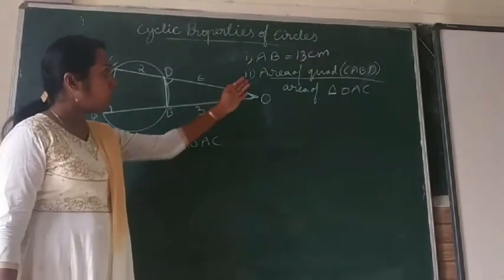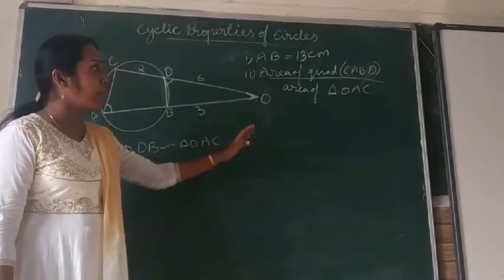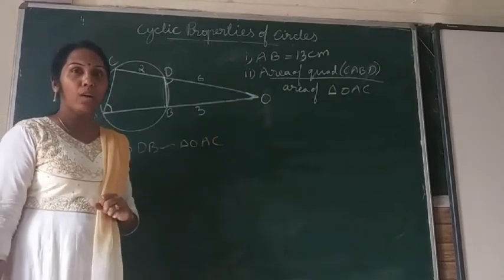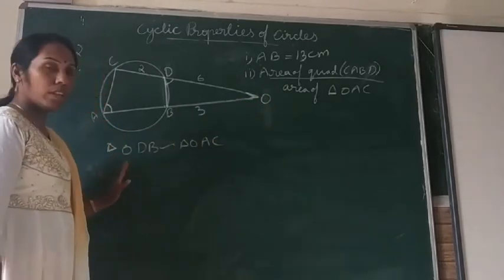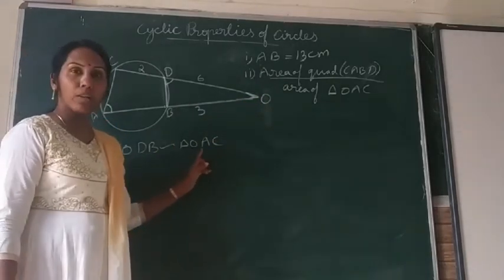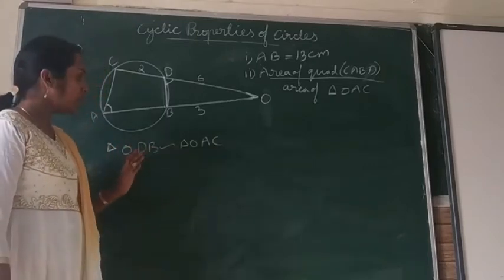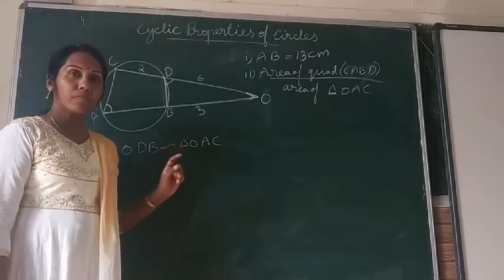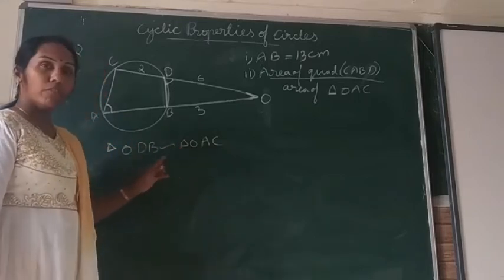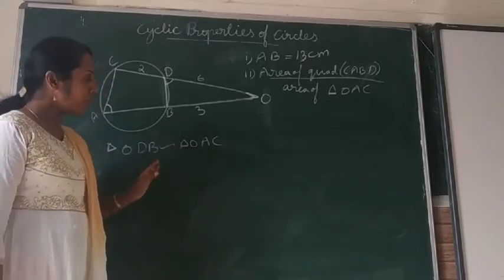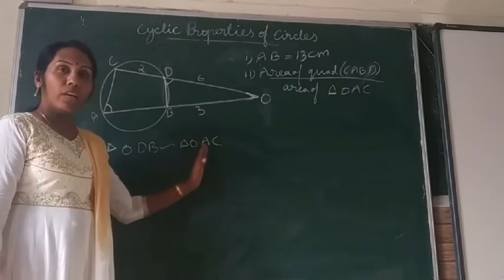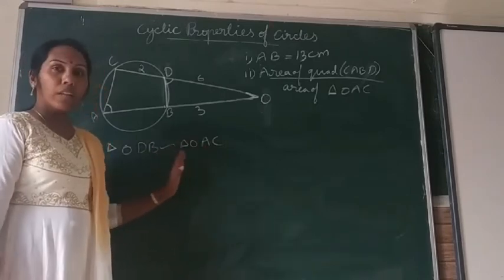Now we have to find out the area of quadrilateral CABD by area of triangle OAC. We have already proved that triangle ODB is similar to triangle OAC. Now we know that in similar triangles, the ratio of their areas is equal to the square of the ratio of their corresponding sides.